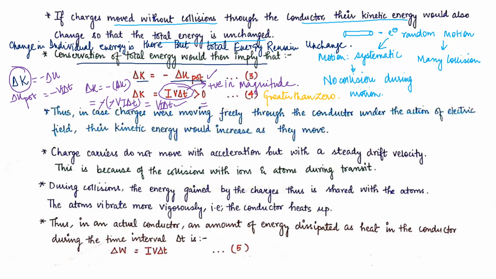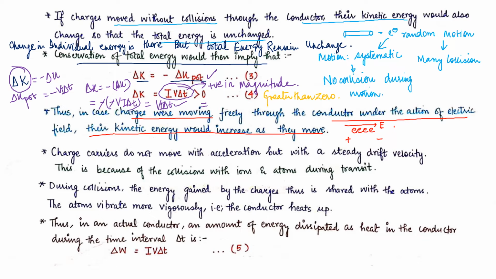Moving on. Thus, in case charges were moving freely through the conductor under the action of electric field, their kinetic energy would increase as they move. Because, see, these are the electrons. We have applied the electric field. Now they will show a systematic motion from one end to the other end, and when they are moving, they start increasing in their energy also, because there is no interruption.